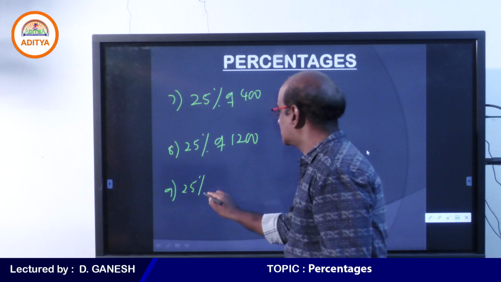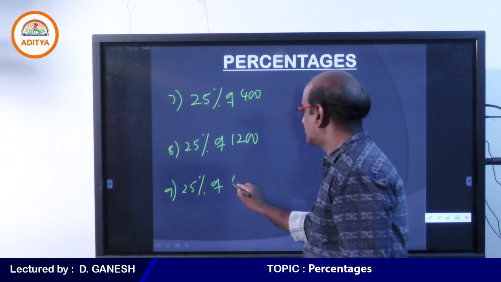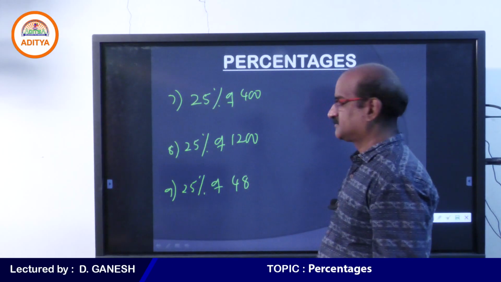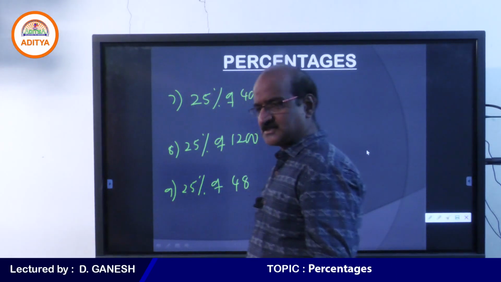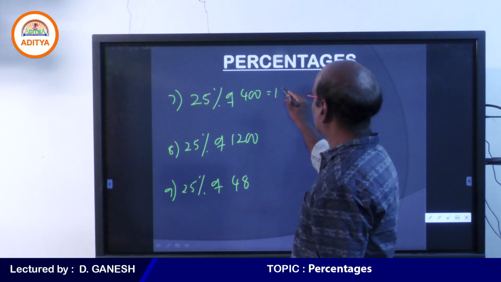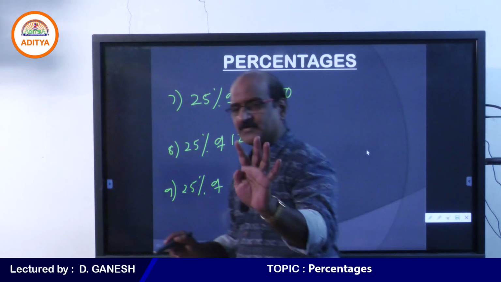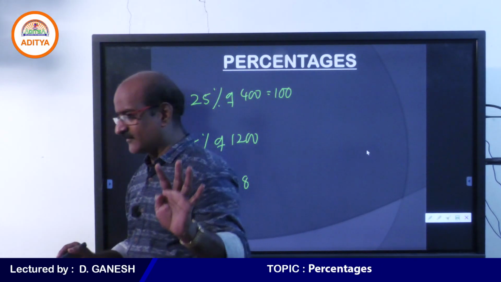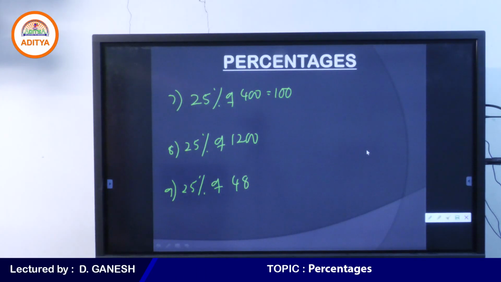Come on, what is 25% of 48? Do it. 25% is not a very big issue, man. We can easily calculate. 25% of 400 is 100 because it is 1 by 4. 25% is nothing but 1 by 4, so 400 by 4.